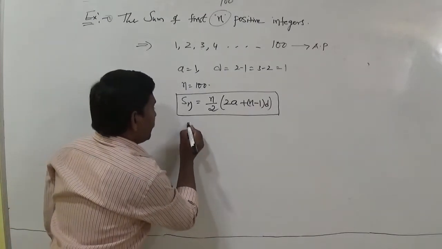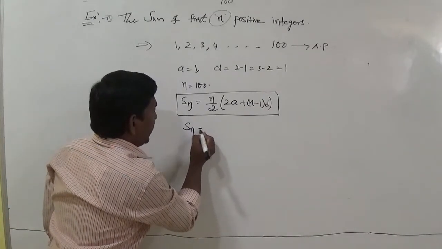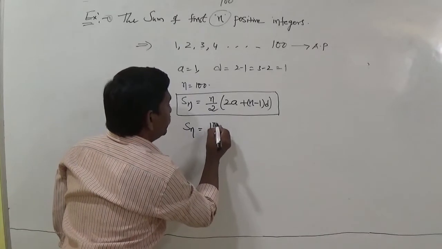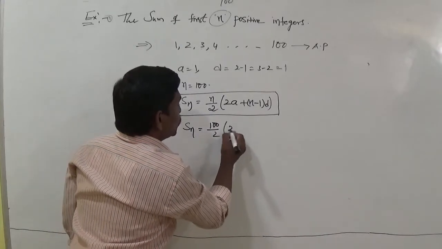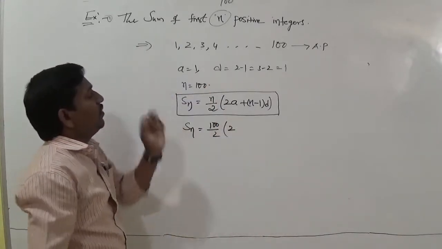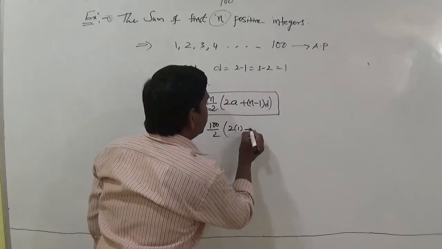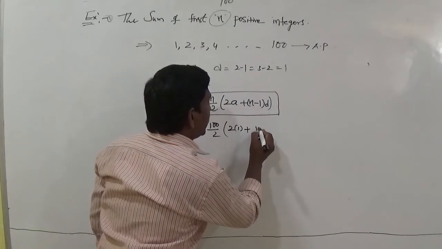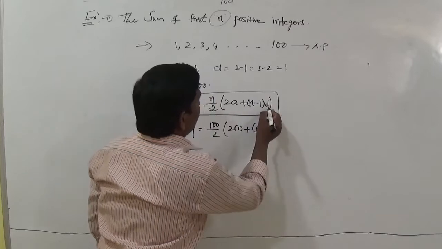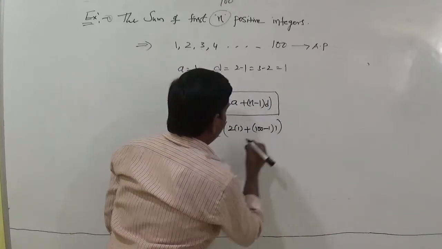Substitute in the formula: n is 100 by 2, 2 into a, which is 1, plus (100 minus 1) into d, which is 1.